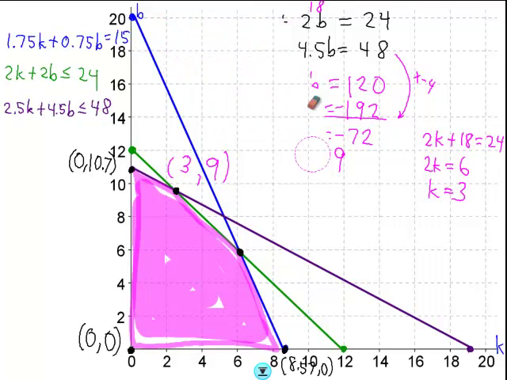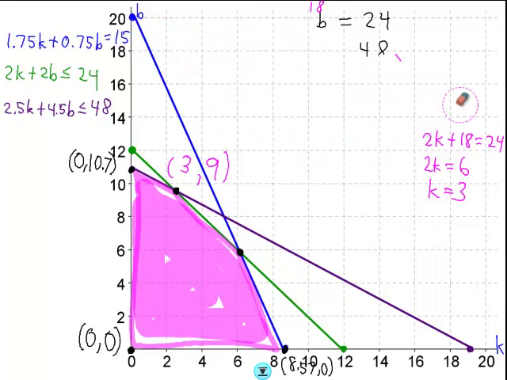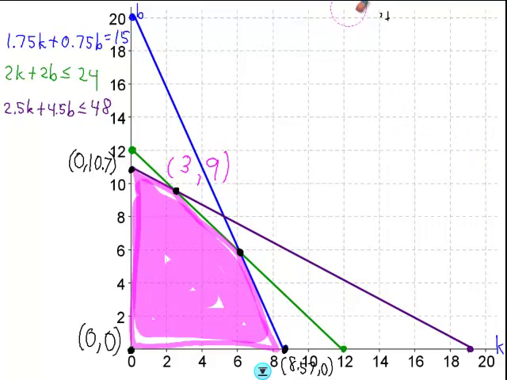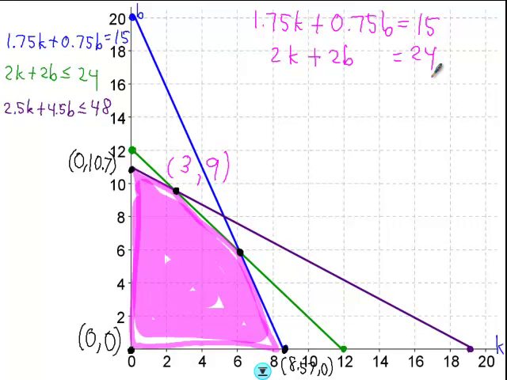Now we're going to have to do the same thing for the blue line and the green, blue and the green. That's the top two here. 1.75k plus 0.75b equals 15. 2k plus 2b equals 24.